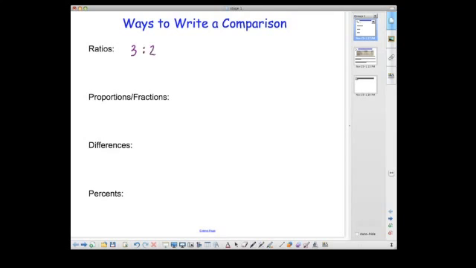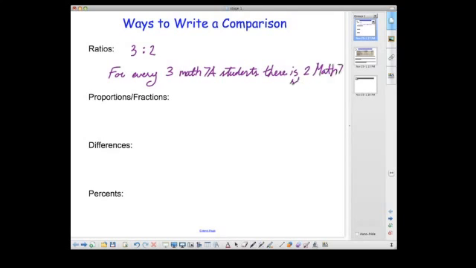what that tells you is for every 3, let's use math students. So for every 3 Math 7 Accelerated students, there is 2 Math 7 students.